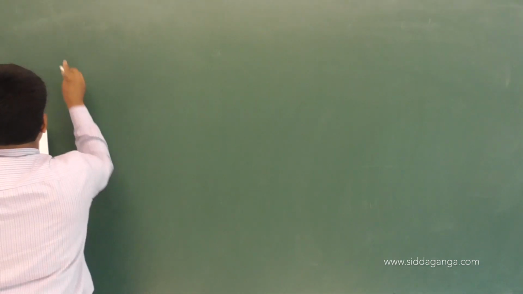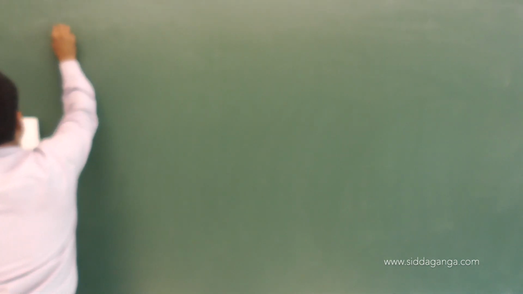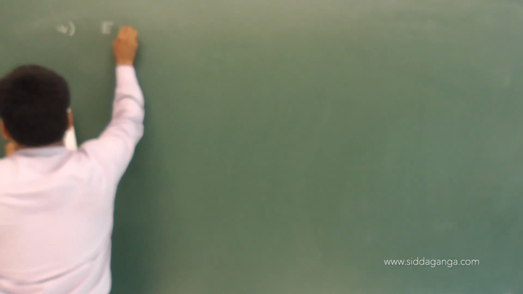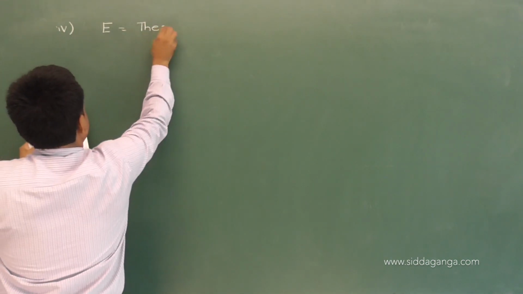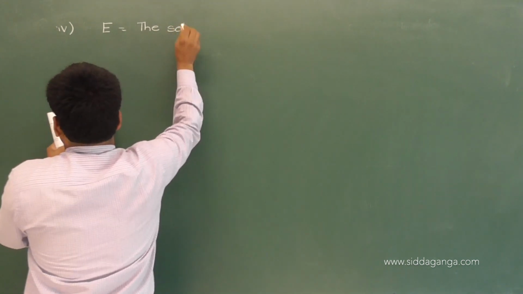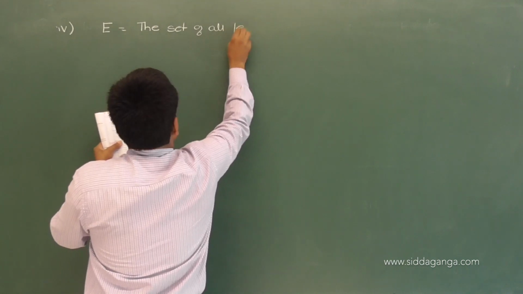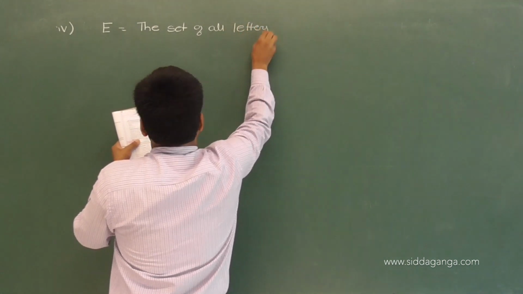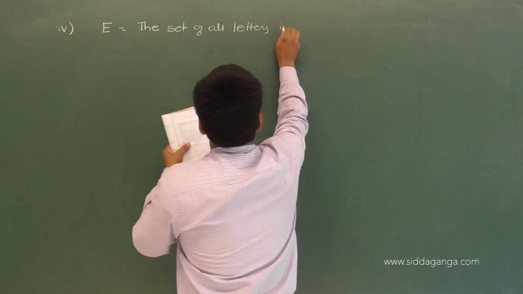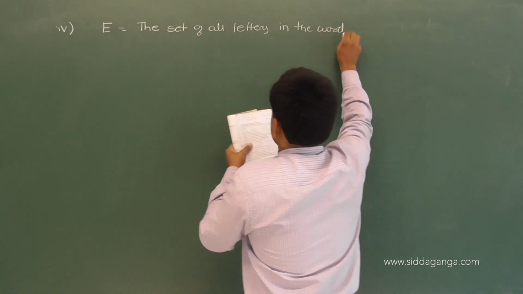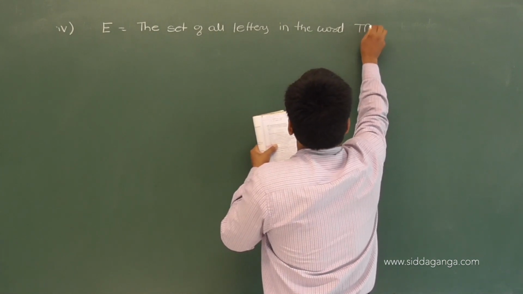Fourth one. E is equal to the set of all letters in the word trigonometry.